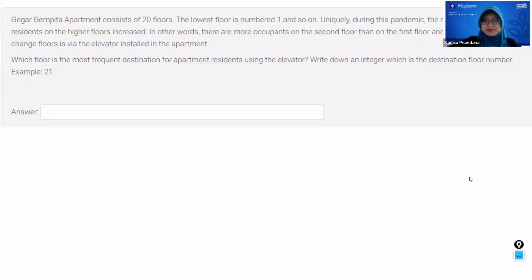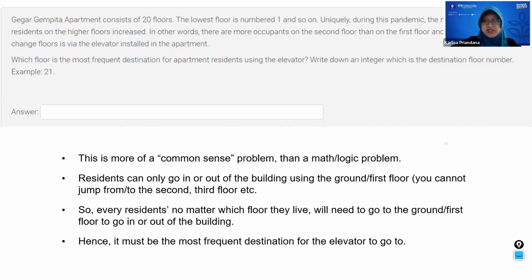Example 21. Okay, this is more of a logical problem. This is more like common sense, yeah. You know that when you live in an apartment and you want to go out from the building, you always have to go to the first floor, right? You cannot jump, and it's rarely that you will use the stairs, right?